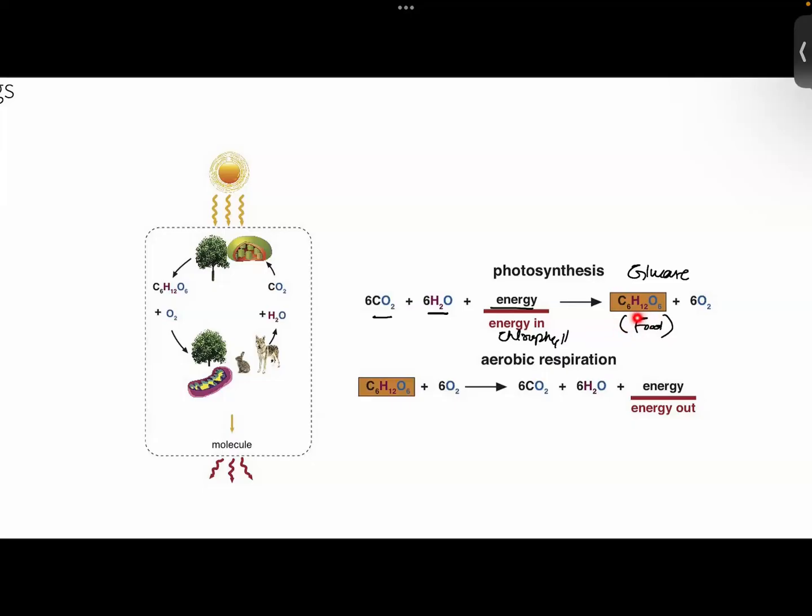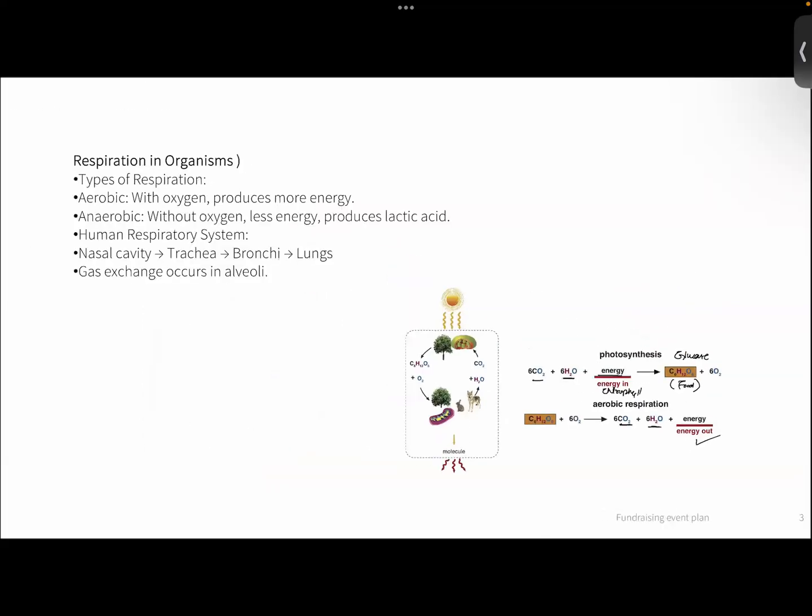Then we eat the vegetables, fruits, grains, and when we consume that food, it is broken down with the help of oxygen in our body, and carbon dioxide, water, and energy are given out. So that is basically respiration. So we have learned about this.